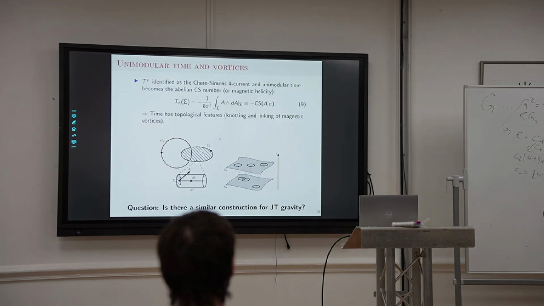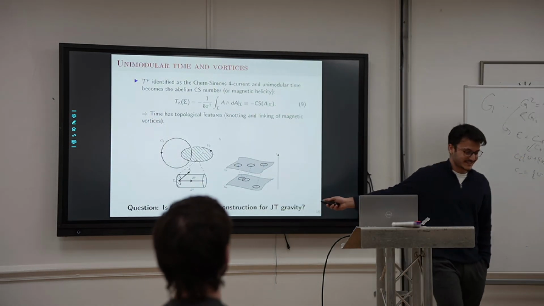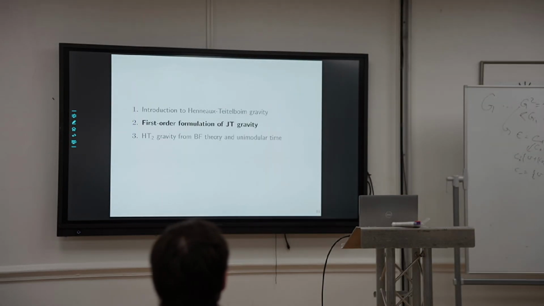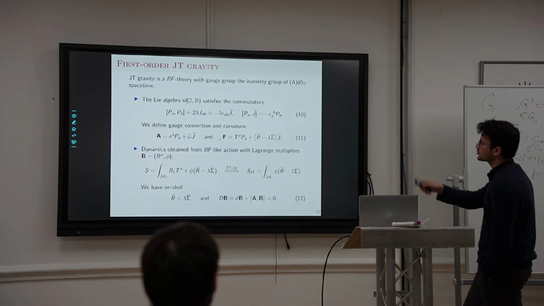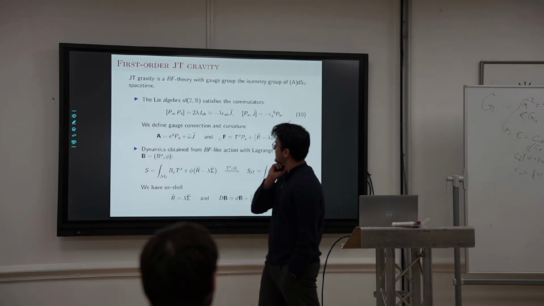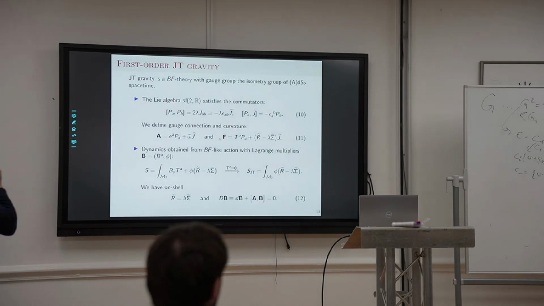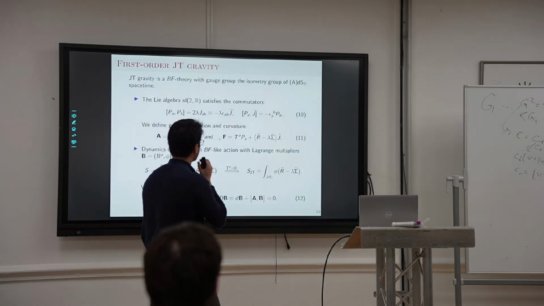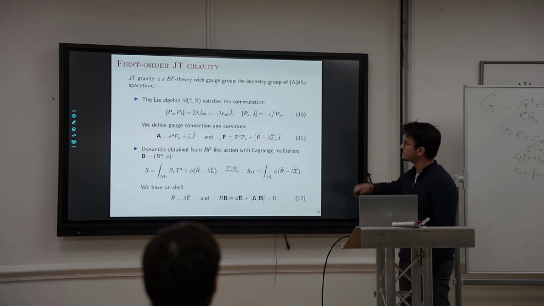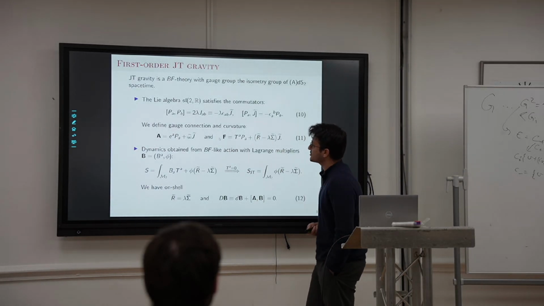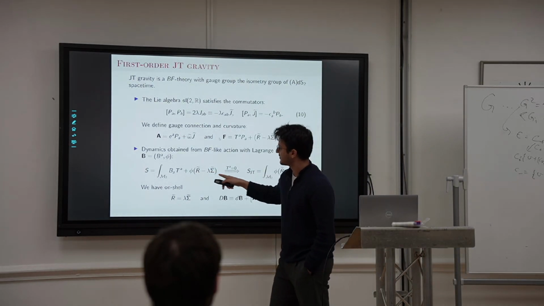So the question is, can we do something similar with JT gravity? Or does this happen in JT gravity? So I'll first give the first order formulation of JT. This is based on taking JT gravity as a BF theory, and you take the isometry group of AdS2 or de Sitter 2 as your gauge group, and then you construct your SL(2,R) algebra, which gives you the connection and curvatures, and then you define a BF-like action with these Lagrange multipliers, B^A and phi.